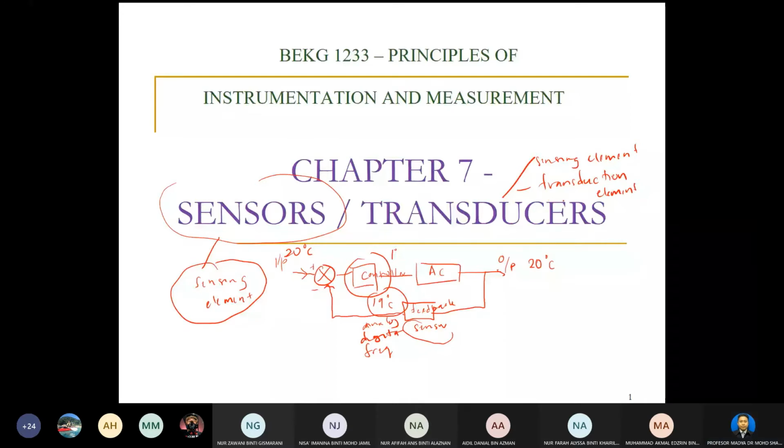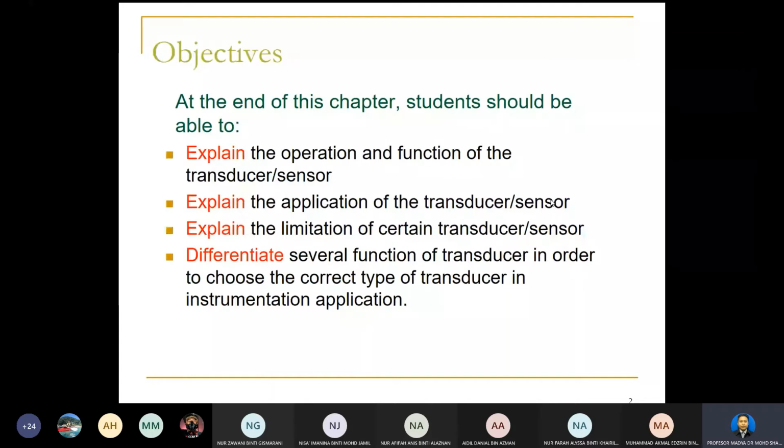So the objective of this topic is that at the end of this chapter, students should be able to first explain the operation and function of the transducer and sensor. Hopefully you know what the transducer is and what the sensor is. Second, explain the application of the transducer and sensor.